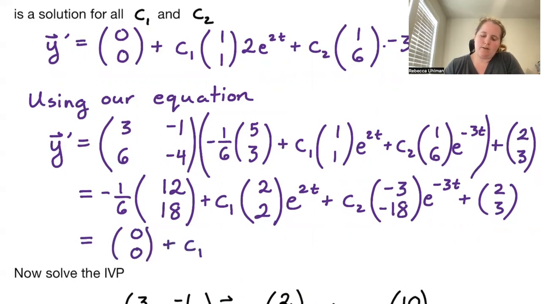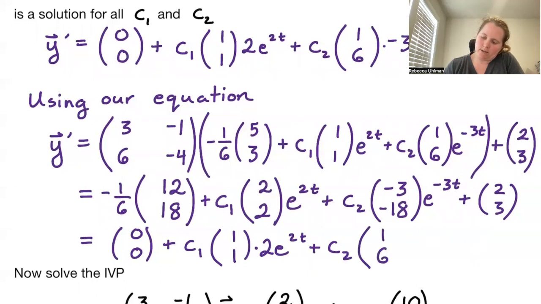That c1 times 2, 2 e to the 2t is just 1, 1 times 2 e to the 2t. That c2 times -3, -18 times e to the -3t is simply c2 times 1, 6 times -3 e to the -3t.